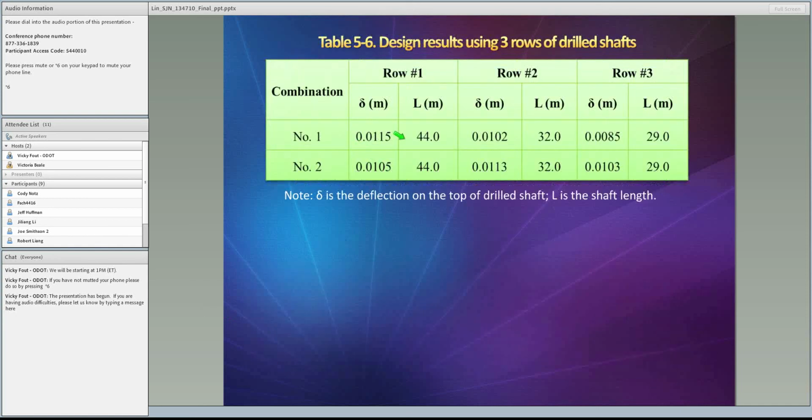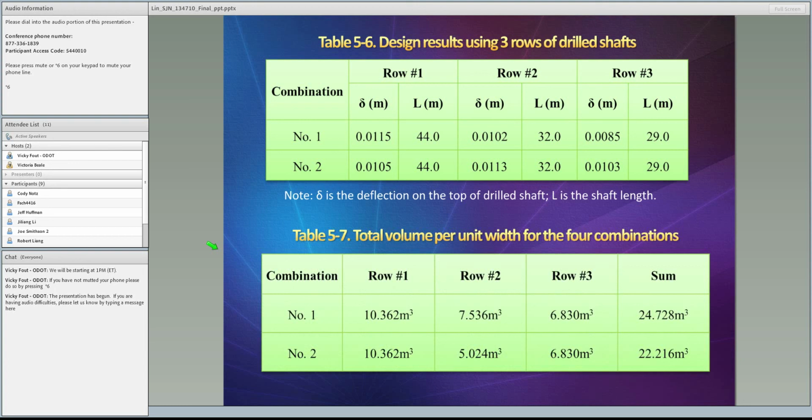Okay, for the conclusions, first one is UASLOPE 3.0. The reliability-based methodologies have been developed, and also UASLOPE 3.0 shows that the spacing, location, diameter, and length of drill shaft are the fundamental design parameters. And also the model error of the semi-empirical load transfer prediction equation can affect the computed probability of failure.